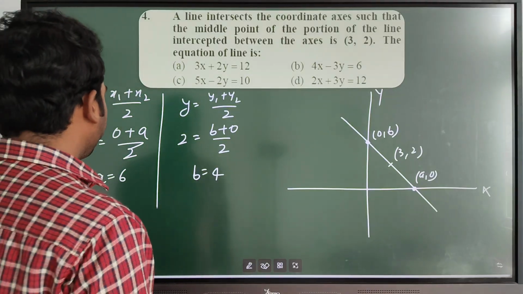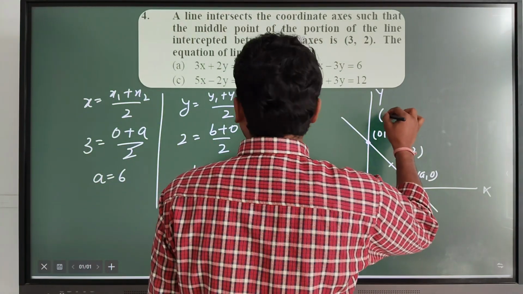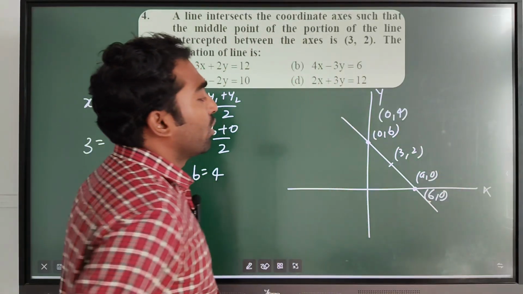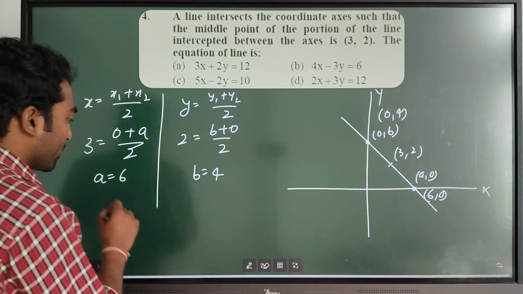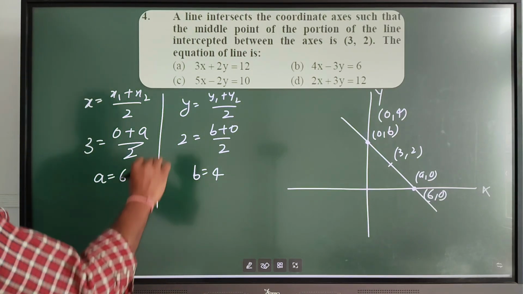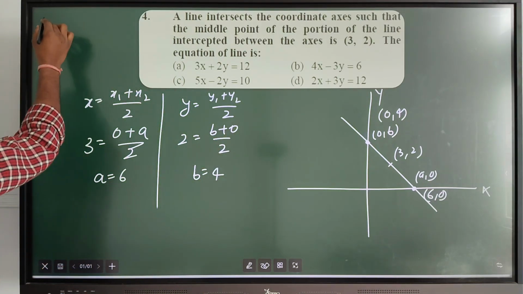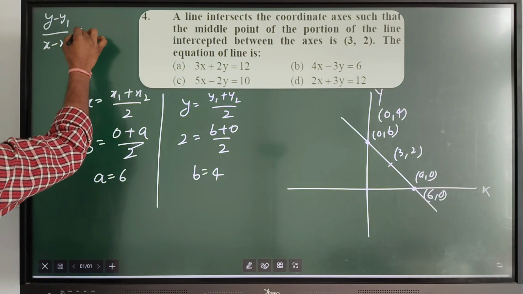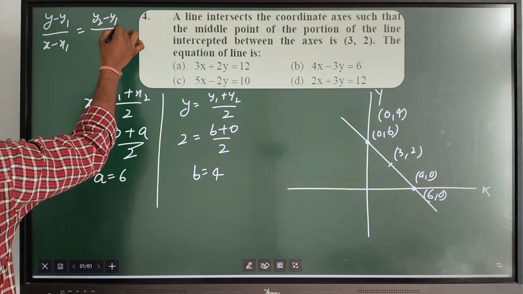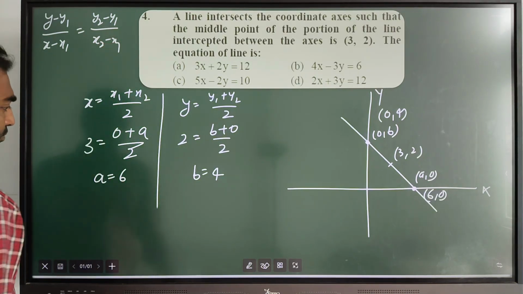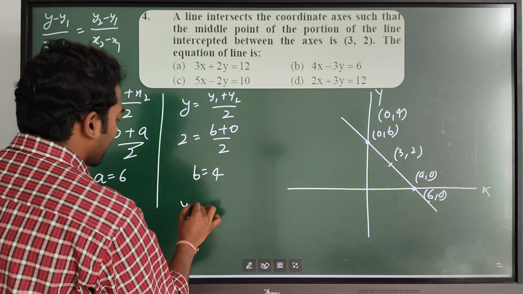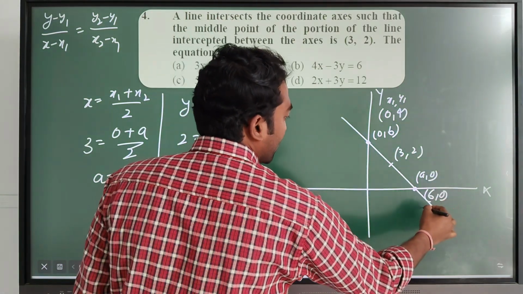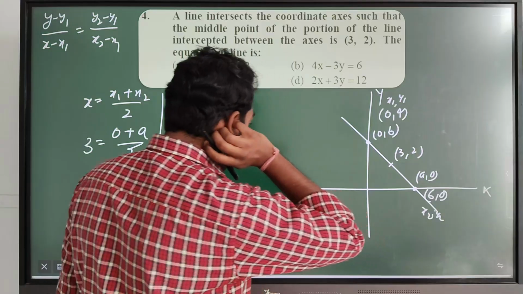So the coordinates will become 0 comma 4 and 6 comma 0. Now you have to find this equation. The equation of a line passing through 2 points is y minus y1 divided by x minus x1 is equal to y2 minus y1 upon x2 minus x1. Let this be x1, y1 and this x2, y2.